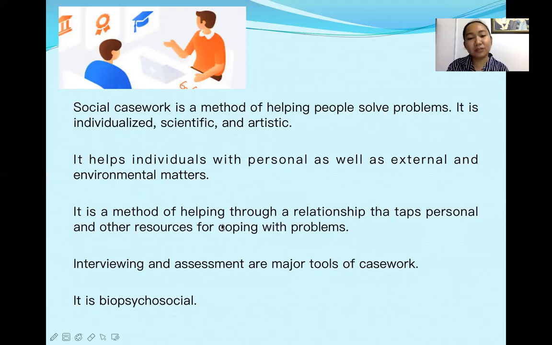It helps individuals with personal as well as external and environmental matters, putting into mind that casework is integrating the physical, at the same time the external or the environmental aspects. So the systems theory is coming into play, and the role of the environment is very much considered. It is a method of helping through a relationship that taps personal, at the same time other resources for coping with problems.